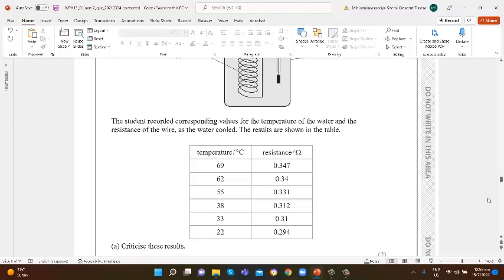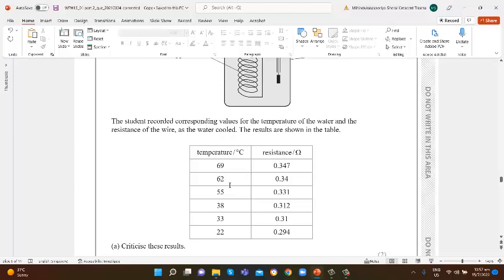you will at once find that the significant figures are not equal. Here 3 significant figures, here 2, here 3, again 2, again 3. There is no consistency in significant figures. And when you go to the temperature column, you have to always take the difference.